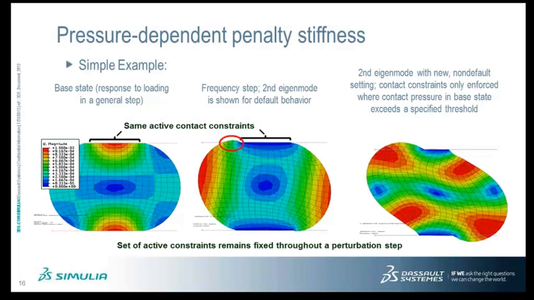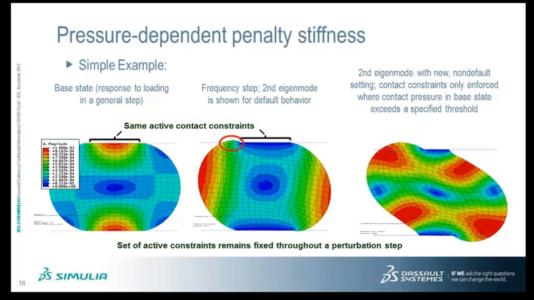In 6.13, we've given you some flexibility by allowing you to specify a pressure limit. The way this works is that in the frequency step, you can define a pressure threshold. If the contact pressure between the two bodies exceeds this threshold, then in the perturbation step, those two surfaces are tied together.